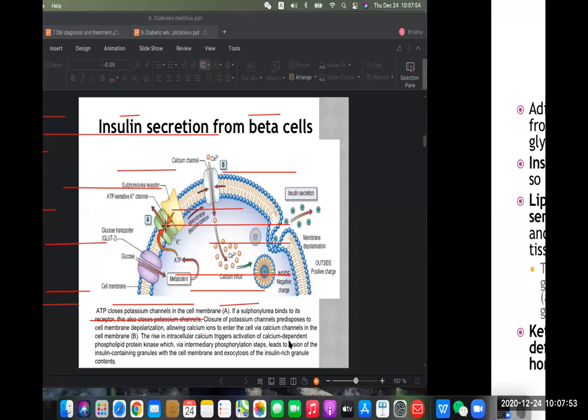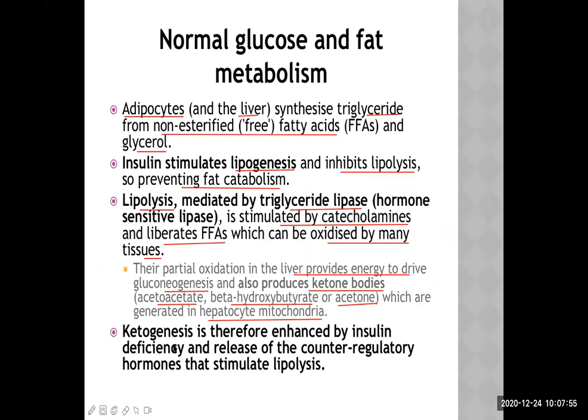Ketogenesis is therefore enhanced by insulin deficiency and release of the counter-regulatory hormones that stimulate lipolysis. What is the meaning? The conclusion of this discussion till now: ketogenesis is inhibited by insulin. So it occurs only in insulin deficiency. That's the first thing.